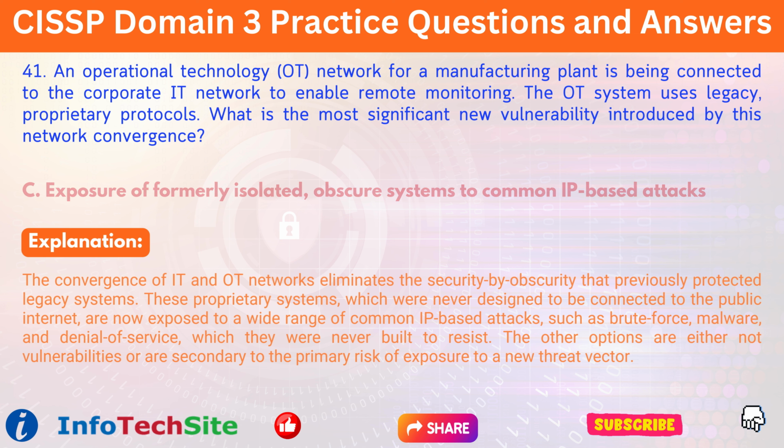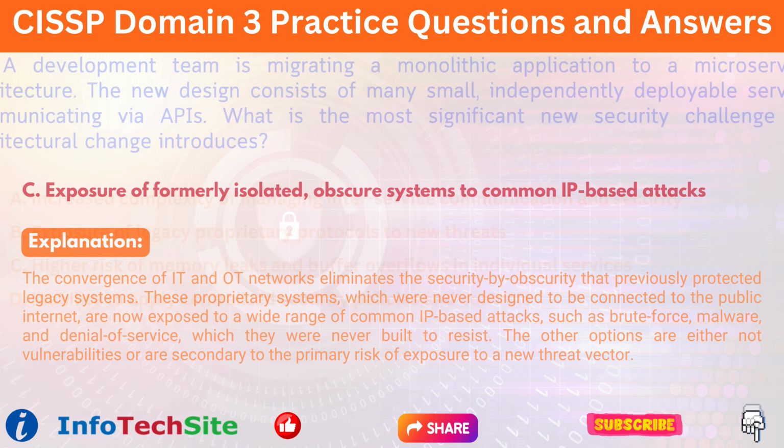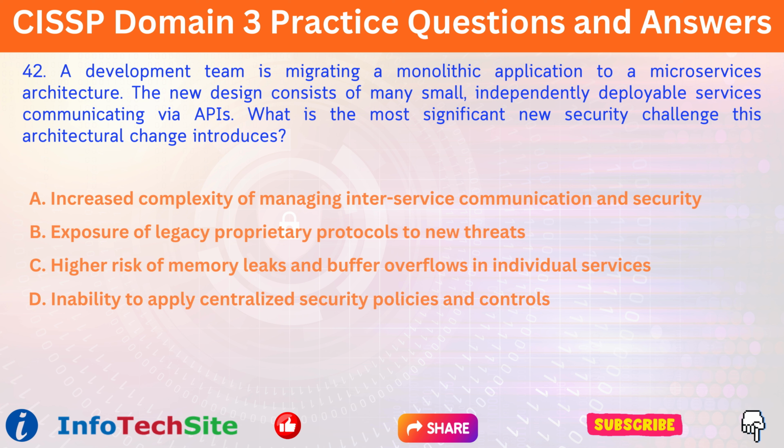These proprietary systems, which were never designed to be connected to the public internet, are now exposed to a wide range of common IP-based attacks, such as brute force, malware, and denial of service, which they were never built to resist. The other options are either not vulnerabilities or are secondary to the primary risk of exposure to a new threat vector.